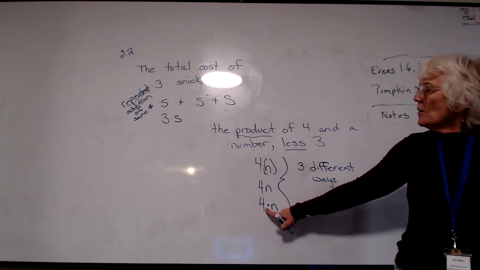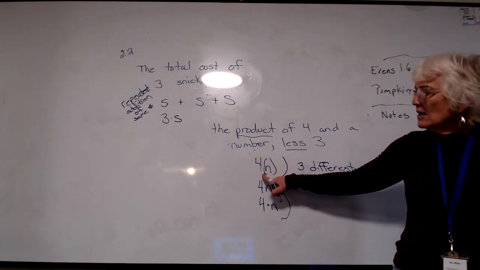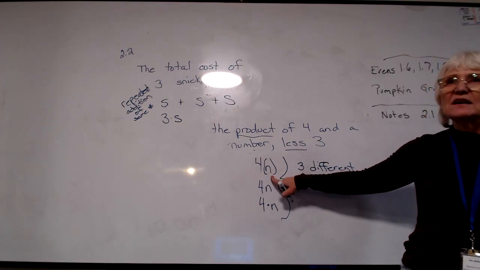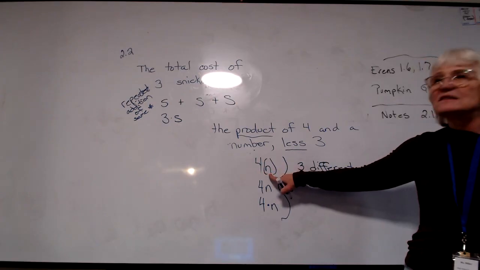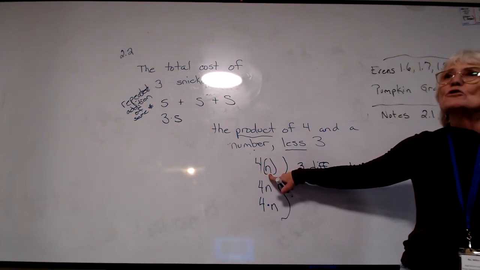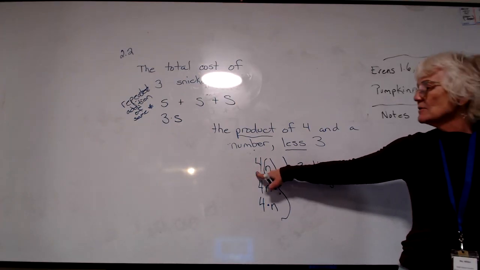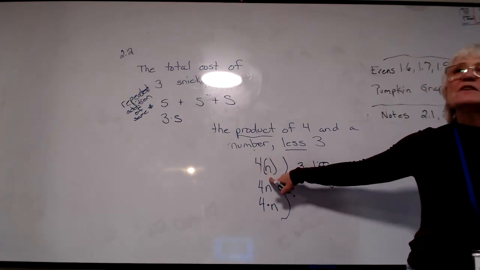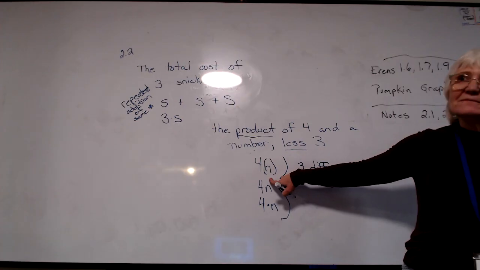If I take 4 times the parenthesis of n, it's 4 groups of n. That's really what this means because this is a grouping symbol. So it's 4 groups of n, which is the same thing as multiplying.